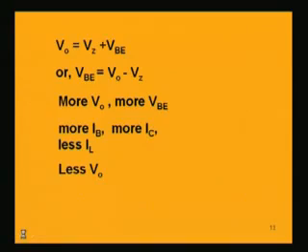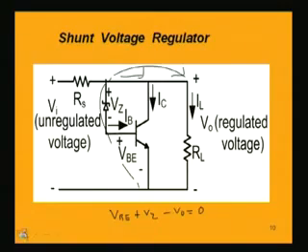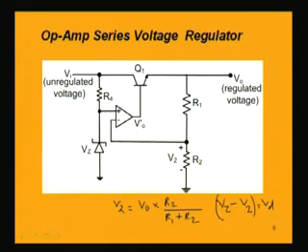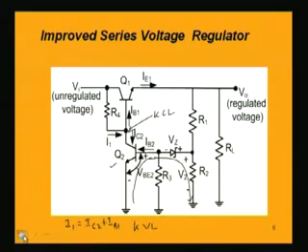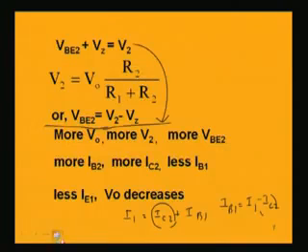Similarly, if we consider the improved series voltage regulator, here we have found out V2 equal to V0 into R2 by R1 plus R2.